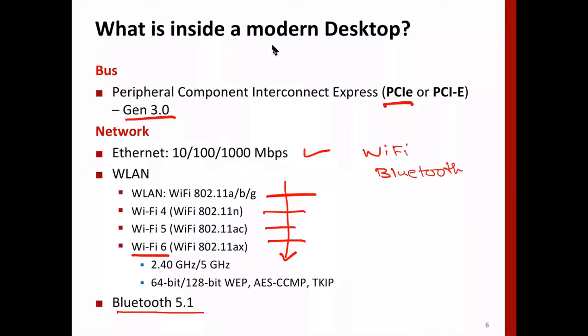While if you connect through Wi-Fi to any other device, your battery may not last so long because Wi-Fi consumes more power. So these are the main differences, but we'll go into detail if time permits towards the end of the course. Okay, then we have the bus.